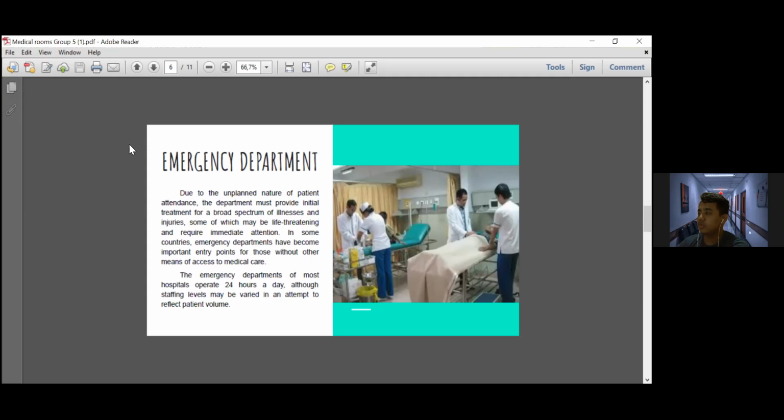In some countries, emergency departments have become important entry points for those without other means of access to medical care. The emergency department of most hospitals operates 24 hours a day, although staffing levels may be varied in an attempt to reflect patient volume. Thank you.